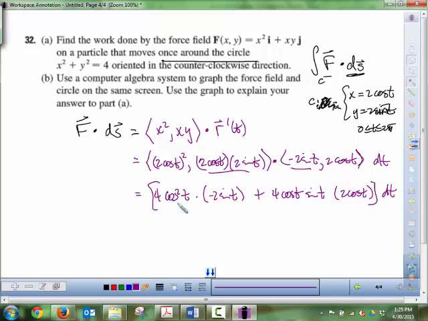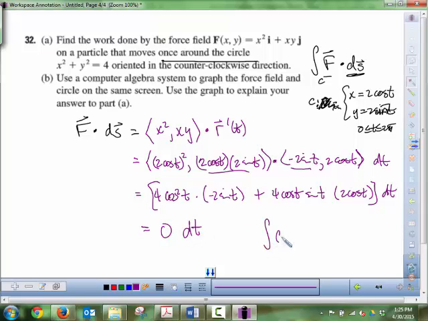So now this is what's going to go inside of my integral. Does that simplify? Is it 0? What? It's 0, huh?